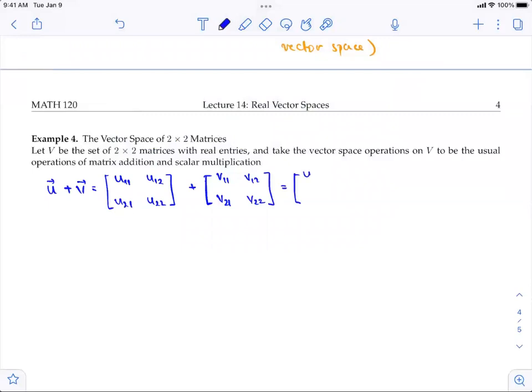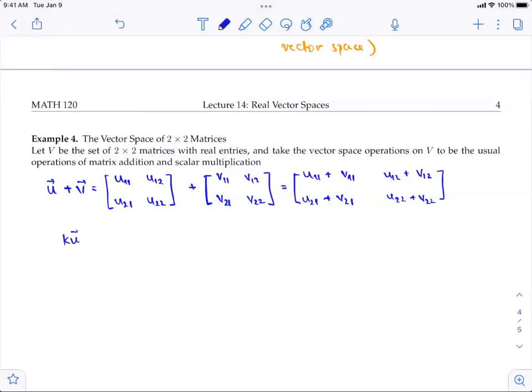So you get [u11 + v11, u12 + v12; u21 + v21, u22 + v22]. The resulting matrix is also 2 by 2, so V is closed under matrix addition.